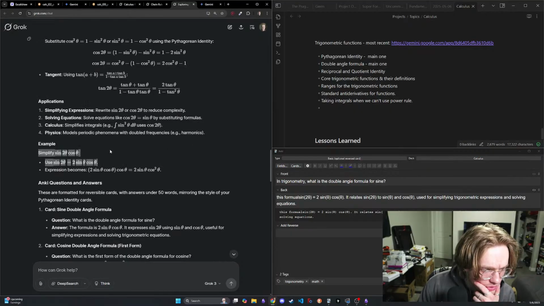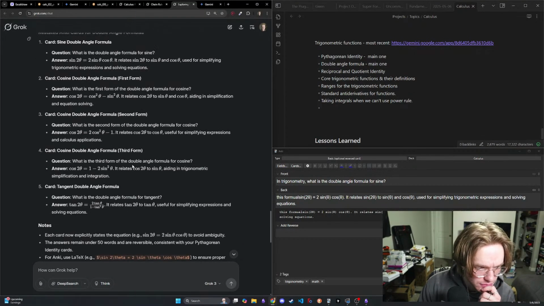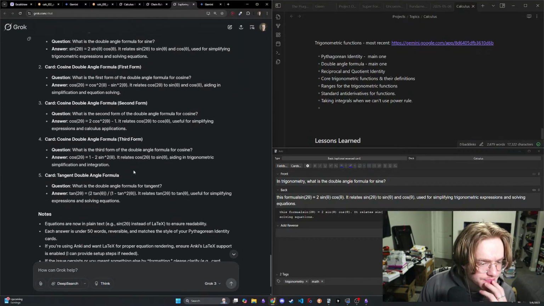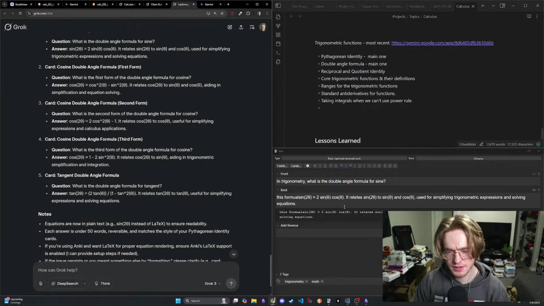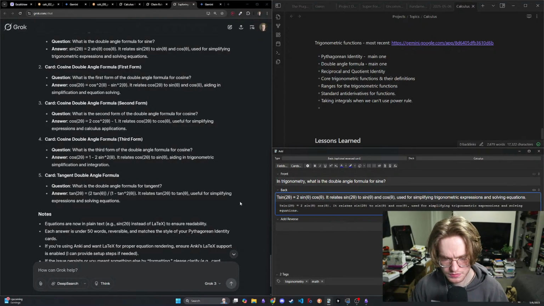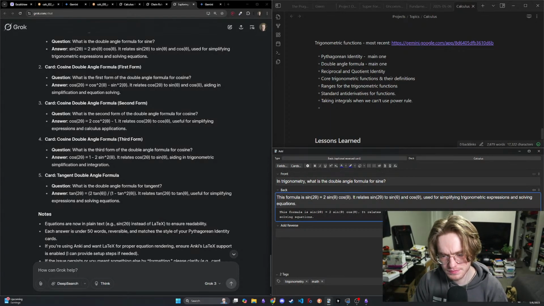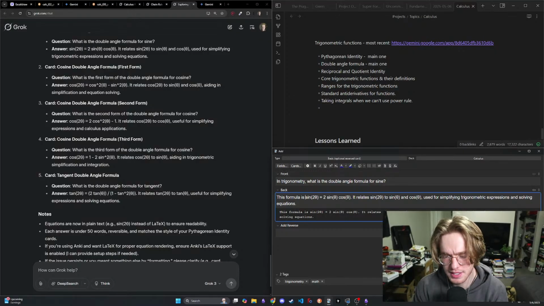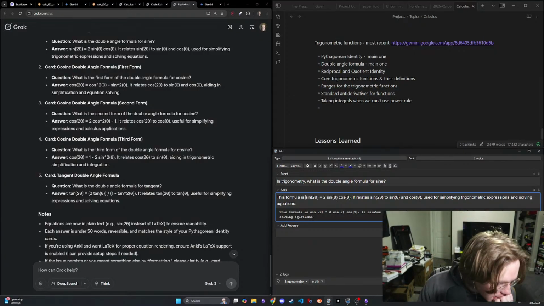No, it was described that way. Never mind. Okay, so for this one, sine 2 theta is equivalent to 2 sine theta times cosine theta.